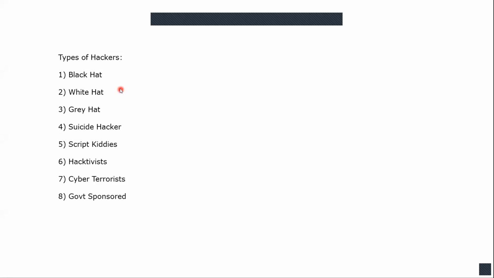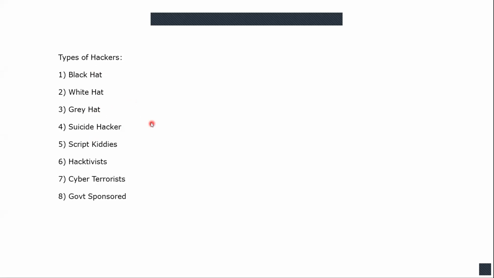And you have gray hat hackers, a combination of both white hat and black hat. They know offensive hacking, and they know defensive hacking. So that is about gray hat hackers. Suicide hackers are the same as black hat hackers, but what difference do they make?